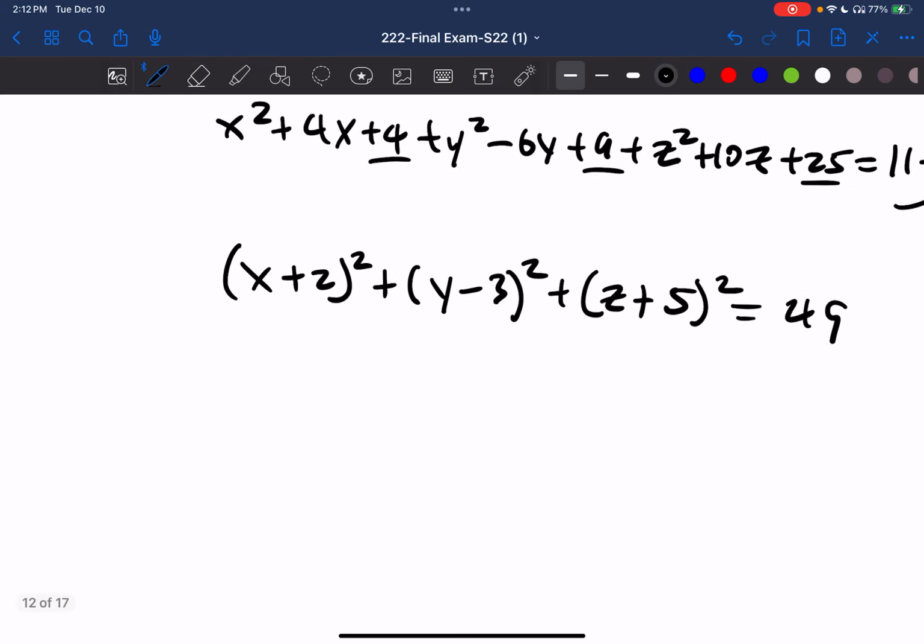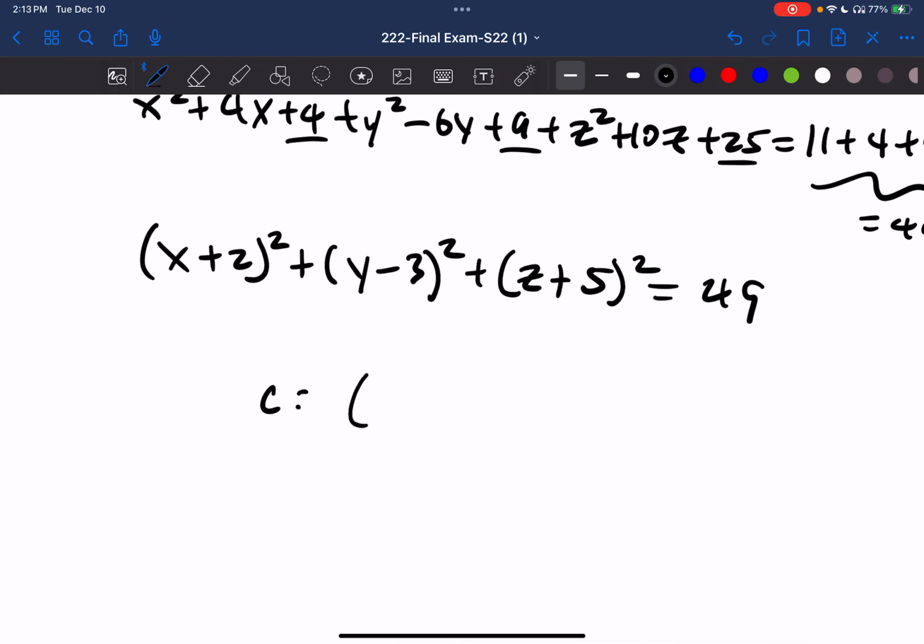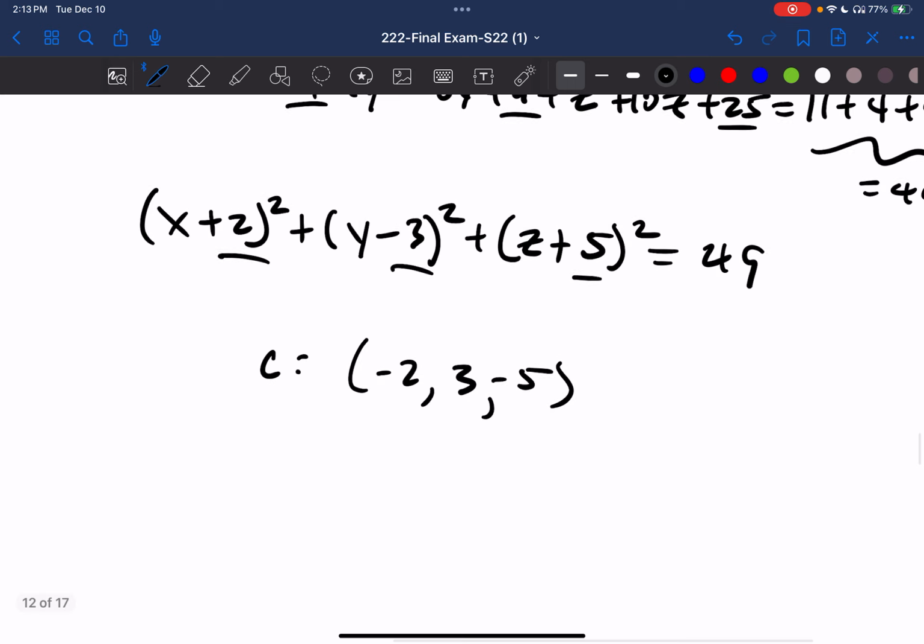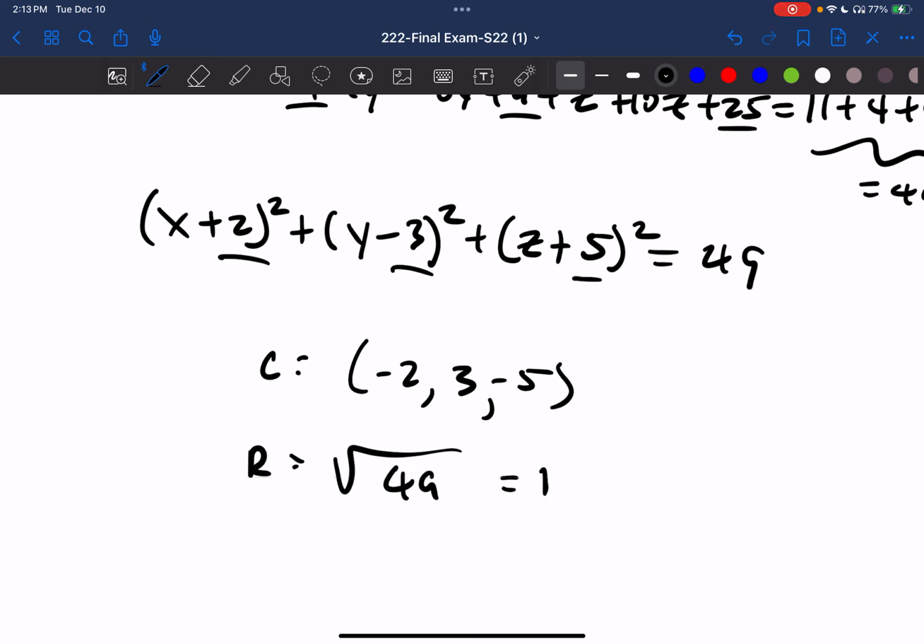So our center is going to be -2, 3, -5. And our radius will be equal to the square root of 49, which is 7.